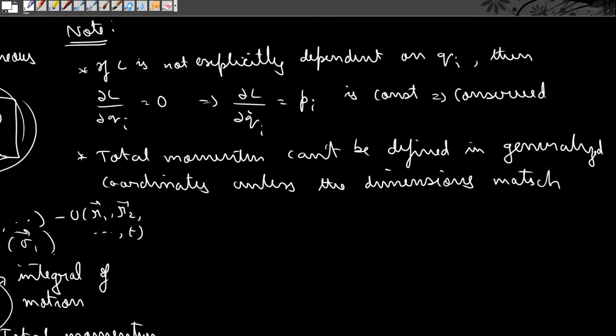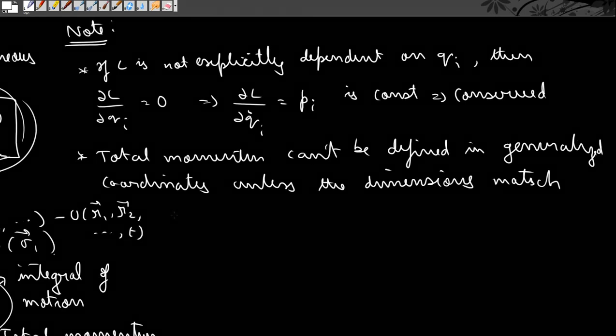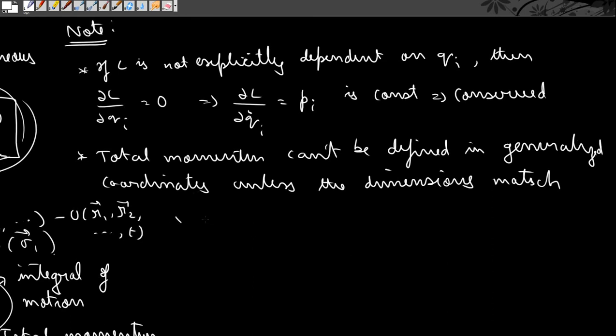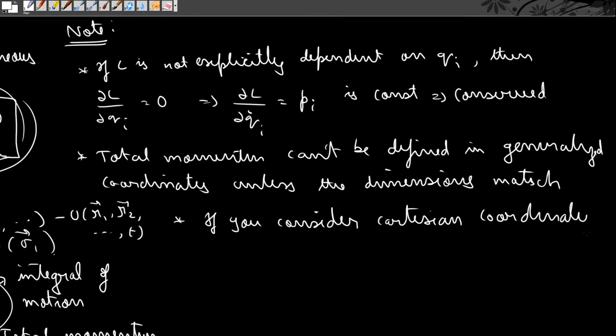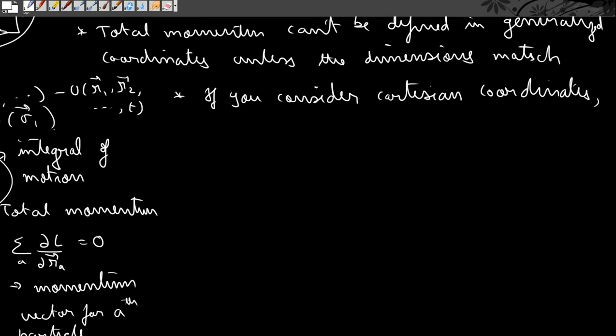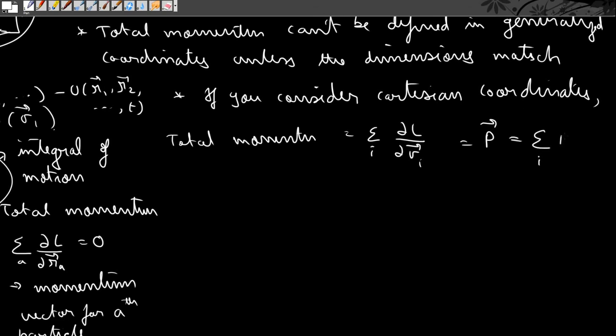If you consider, however, Cartesian coordinates, for example, then we see that the total momentum is given by the summation over i of dou L by dou Vi vector, that is P. This is nothing but the summation of the individual momenta, and therefore additivity is followed.